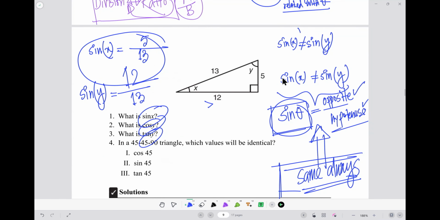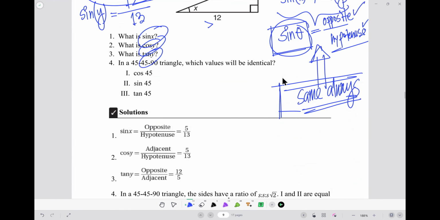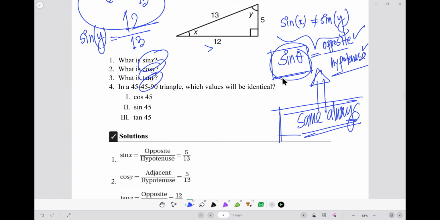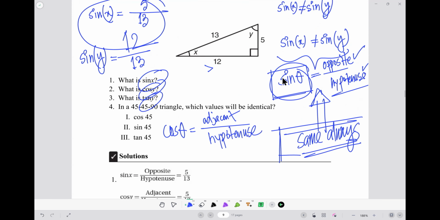So I know the definition for the cos function: cos theta is adjacent over hypotenuse. Now, what is cos y?